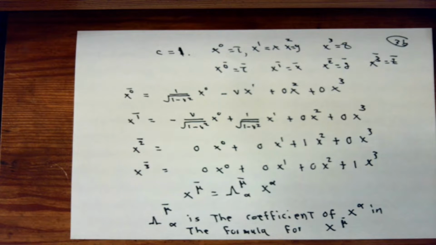Lambda mu bar alpha is the partial derivative of x mu bar with respect to x alpha. It's the coefficient in the linear equation that gives you x mu bar that goes with variable x alpha.